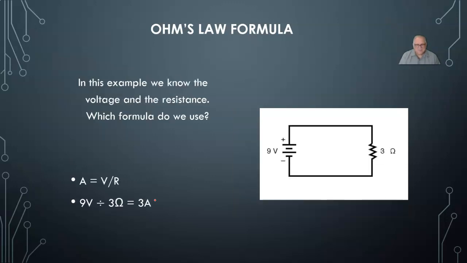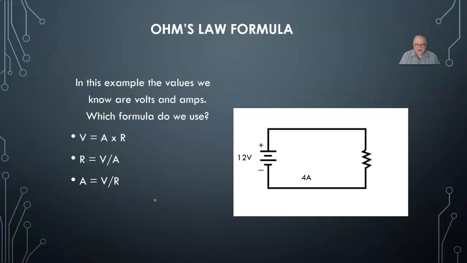If we go back to here, you see I have 3 ohms and 9 volts, and I end up with 3 amps. On this one here, I increased my voltage, but I still have 3 ohms, and I increased my amperage. So, increase the voltage, you will increase the current through there because you're increasing the pressure to be able to push through that.